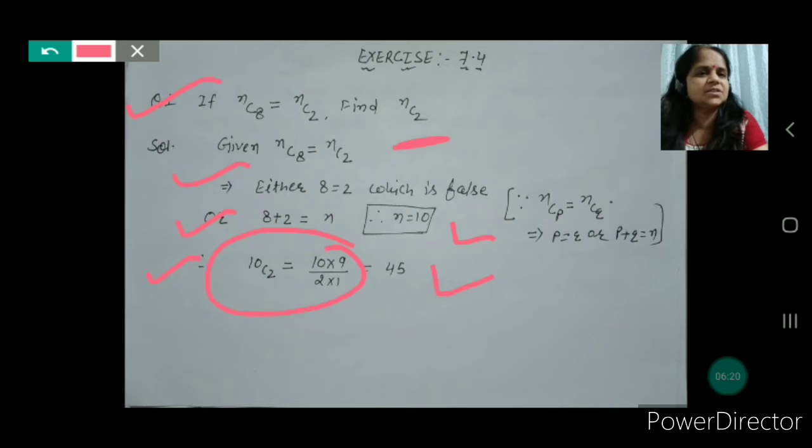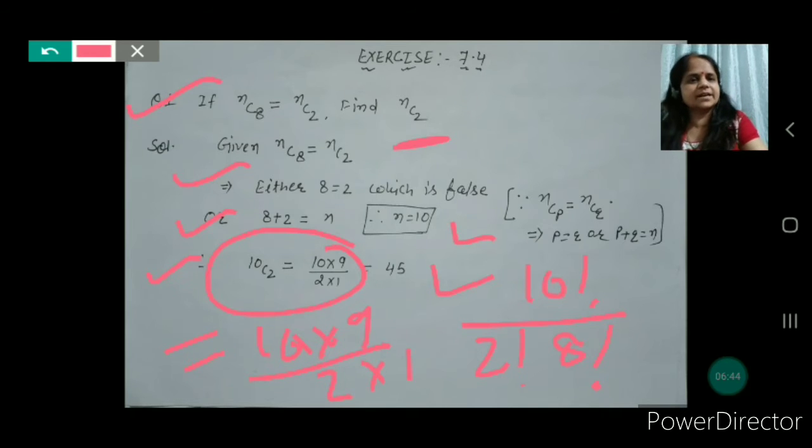This application is easy, student. For 10C2 you can apply the formula. According to the formula, it is 10 factorial upon 2 factorial and then 8 factorial. So from the numerator 8 factorial will cancel and you will get only 10 into 9, and in the denominator it is 2 into 1.